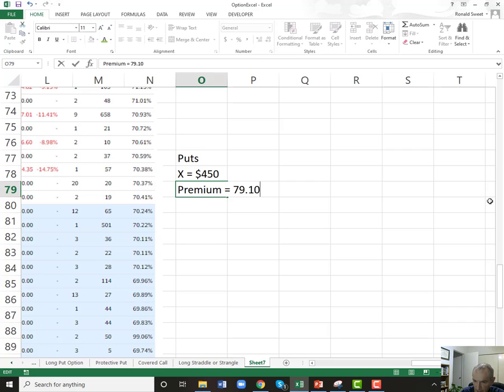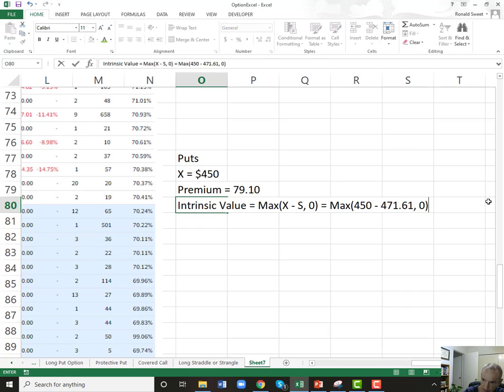We already know what the time value is going to be, but we'll still calculate it. So the intrinsic value for a put is going to be the max, and this time it's strike minus the stock price and 0. So here it's going to be the max of the strike 450 minus the current stock price 471.61 and 0.